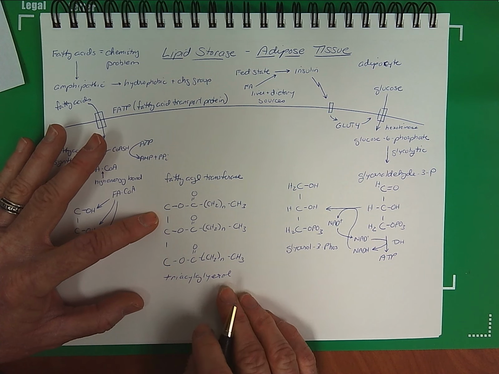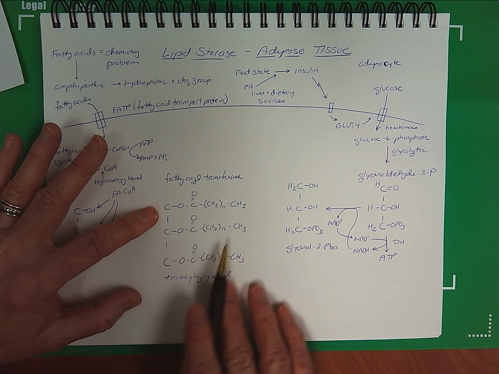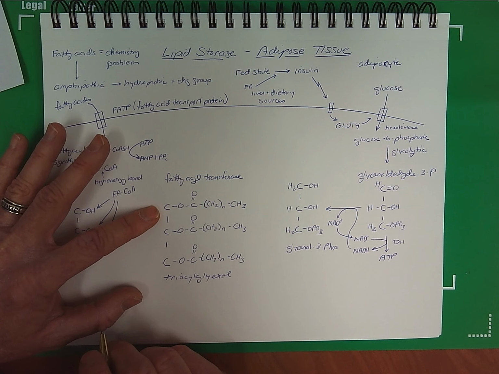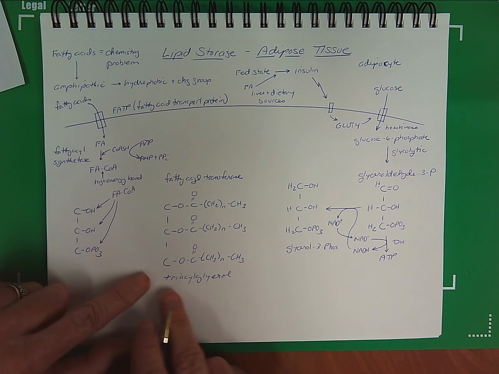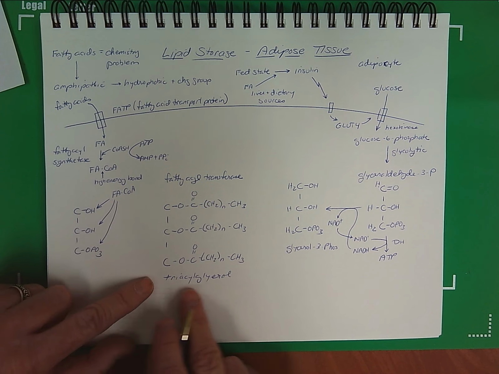We do have some polarity in the molecule. There's no charge in this molecule, but we have some polarity with these oxygens. But there's so much hydrophobicity to this molecule that it overwhelms the polarity of this, making this essentially 100% hydrophobic. Now this is going to be our storage form of our fatty acids in adipose.